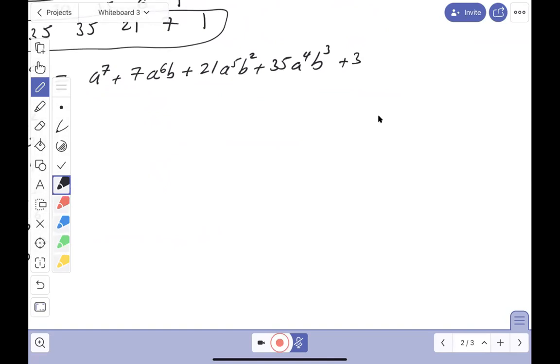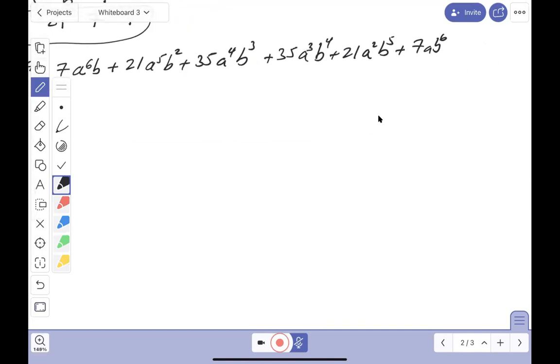Plus 35A3B4 plus 21. It's a palindrome. Pretty easy to read, right? When I said the numbers are palindromic, what do you get? A2B5 plus 7AB6, sorry about that, plus B7.